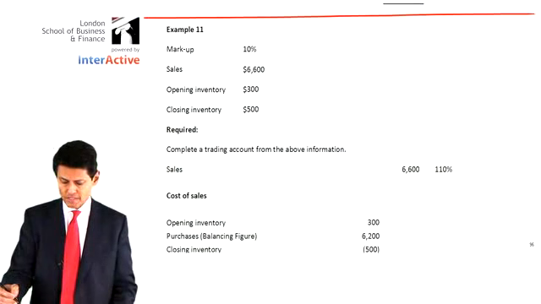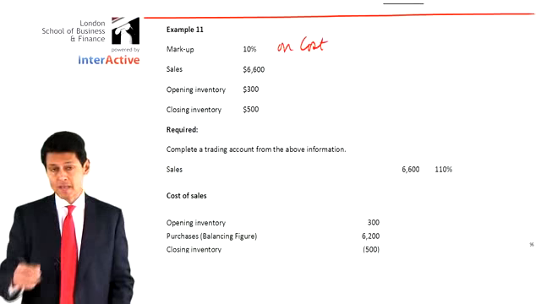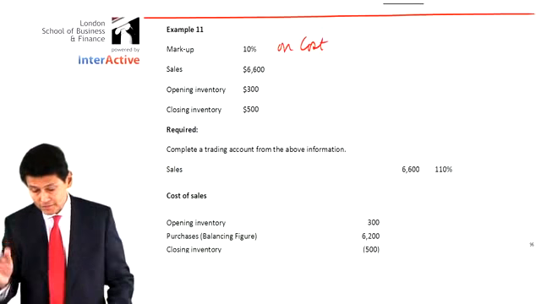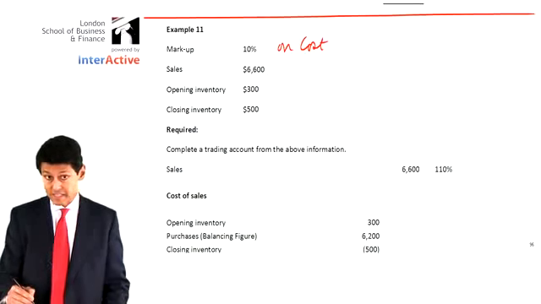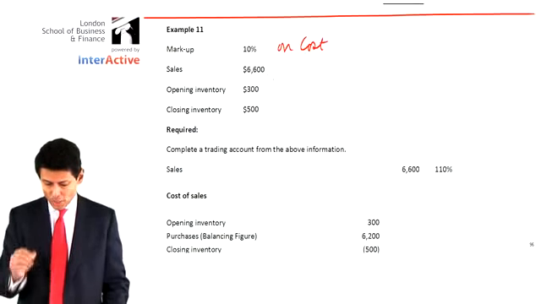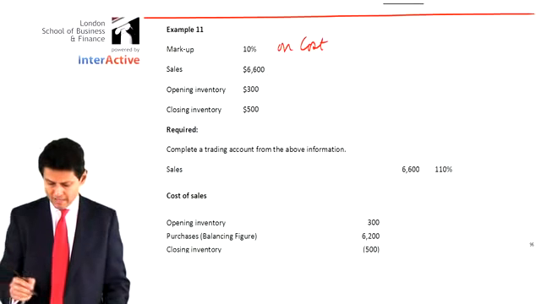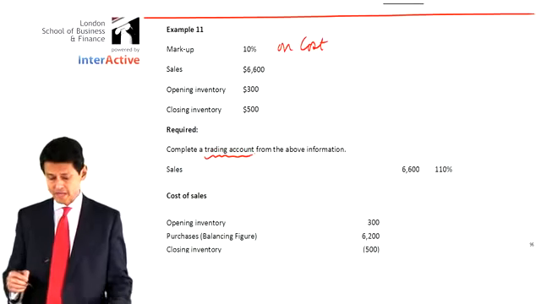Now, says the question, there's a markup of 10%. Whenever they say markup, it means on cost. When they say margin, it means on selling price. So markup on cost is 10%. The sales is 6,600. The opening inventory is 300 and the closing inventory is 500. Required, complete a trading account from the above information.